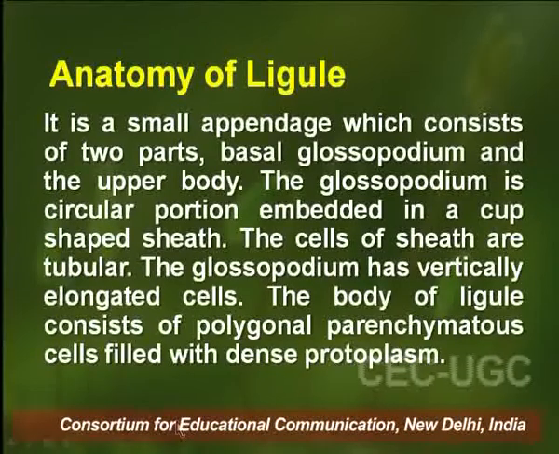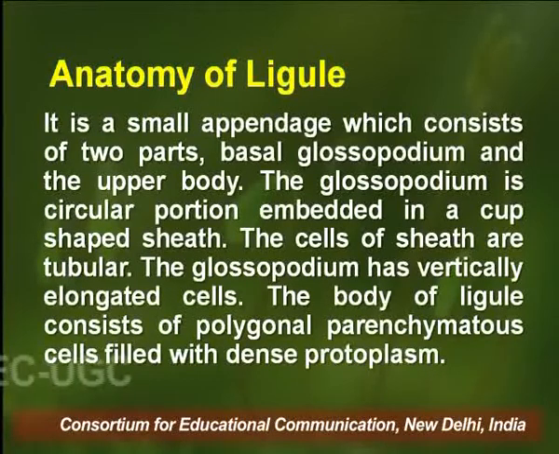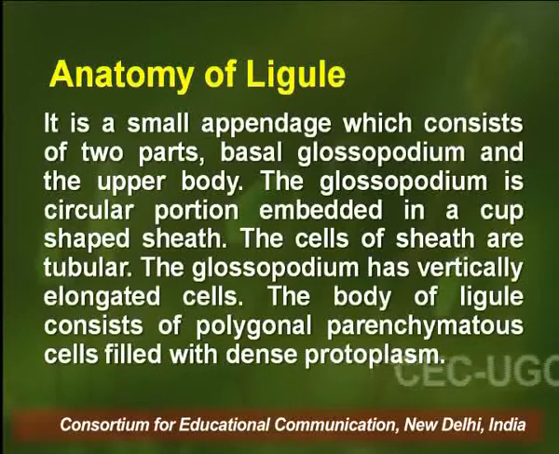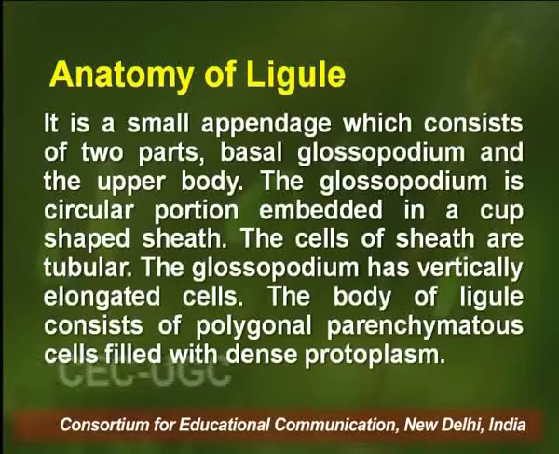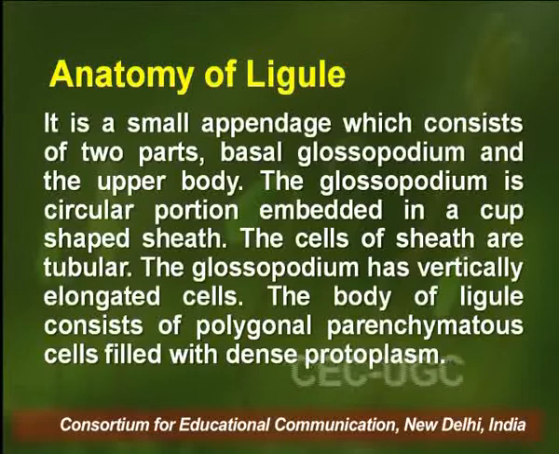Similarly, let us talk about the anatomy of the ligule. As we have already discussed, ligules are found at the base of young leaf and young sporophylls. Ligule is a small appendage which consists of two parts, the basal glossopodium, and the upper body. The glossopodium is a circular portion embedded in a cup-shaped sheath.